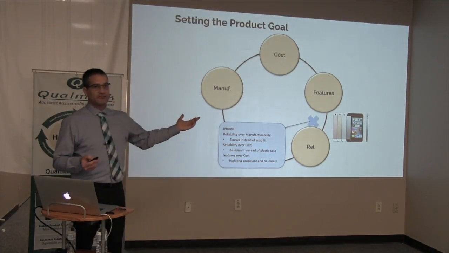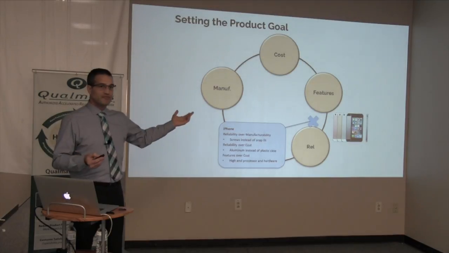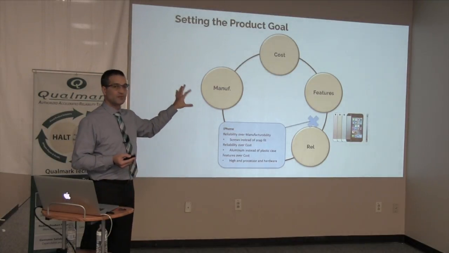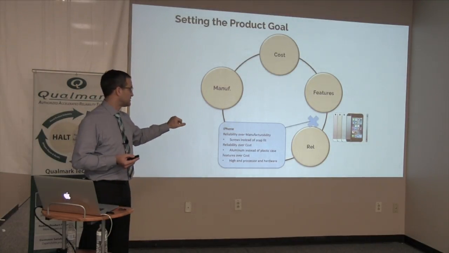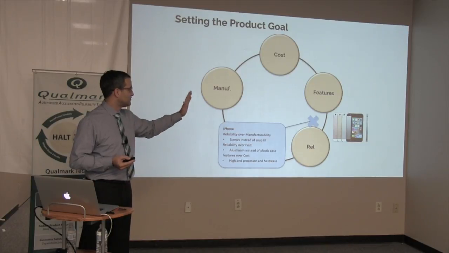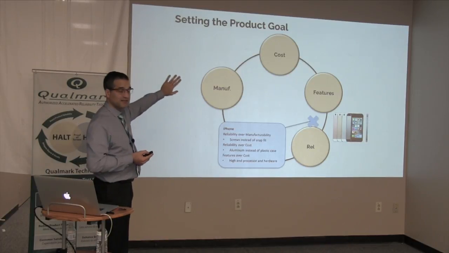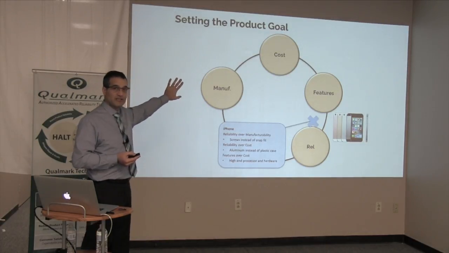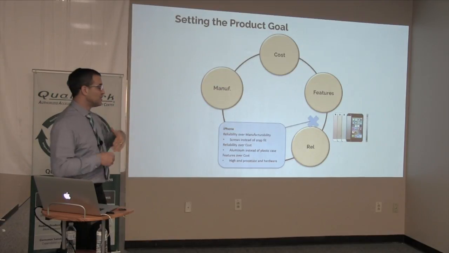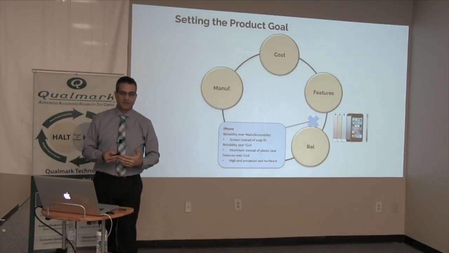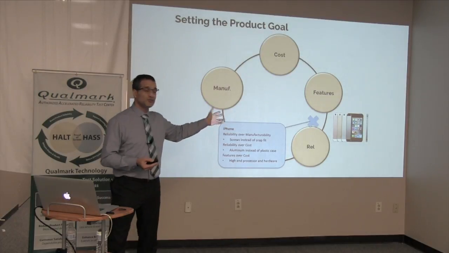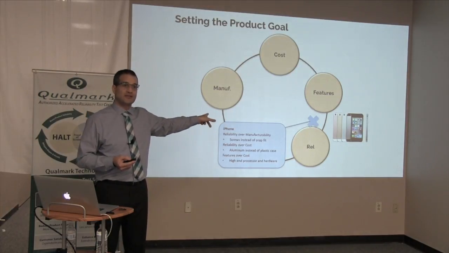So let's take a product that we're all very familiar with and throw it on here. This would be an iPhone, okay? It's very clear where they've decided to set this balance. They've put it over towards reliability and features at the sacrifice of manufacturability and cost. What are some indicators of this? Well, they use screws to hold the case together.